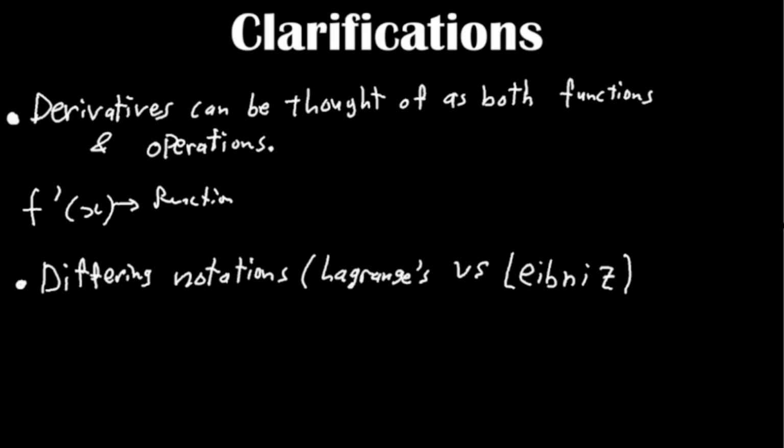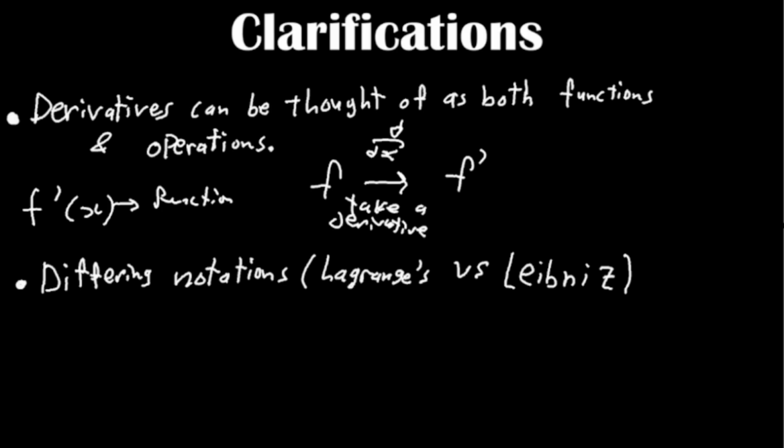Taking the derivative can be thought of as an operation. So let's say you're going from f to f prime. You take a derivative. You use the derivative operator. And that might just sound like jargon, like what am I talking about? It ties into the next thing I'm going to talk about, d over dx.